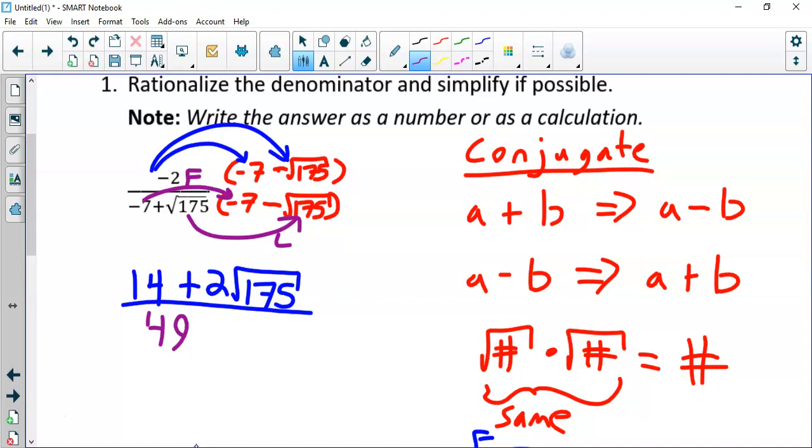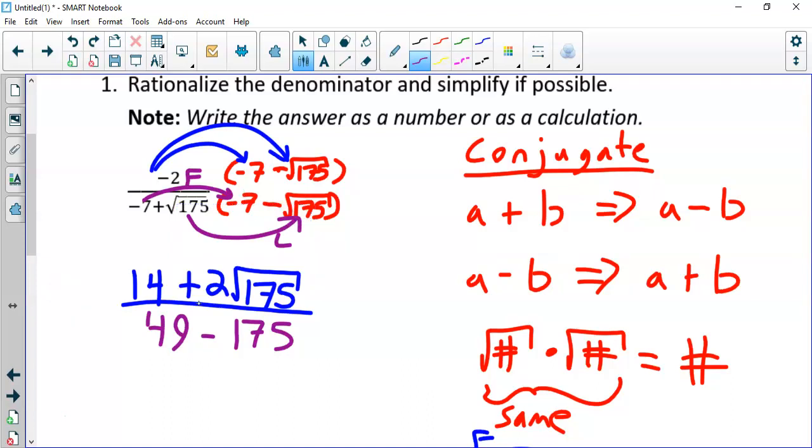The radical cancels, and what are you left with? Yep. Because a positive times a negative is a negative. And remember, these two radicals are the same, right? So the number pops out.